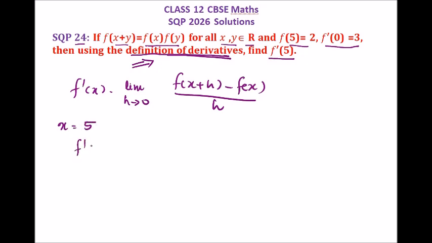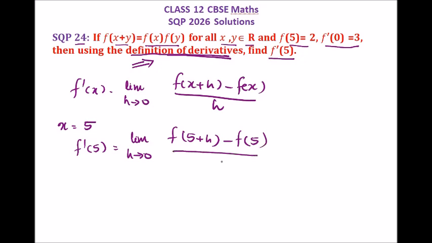Then f dash of 5 is equal to limit h tends to 0 f of 5 plus h minus f of 5 divided by h. Here given f of 5 is equal to 2.